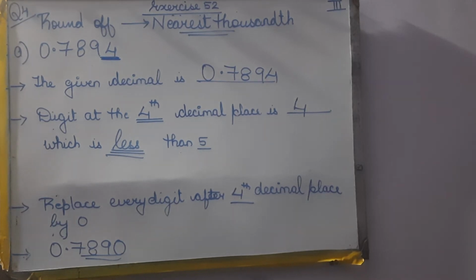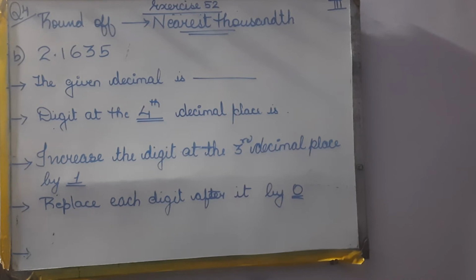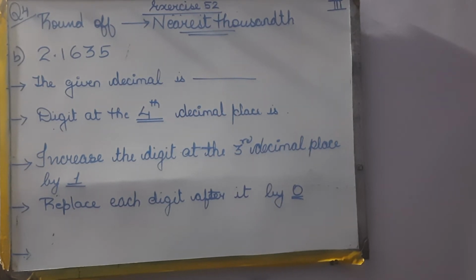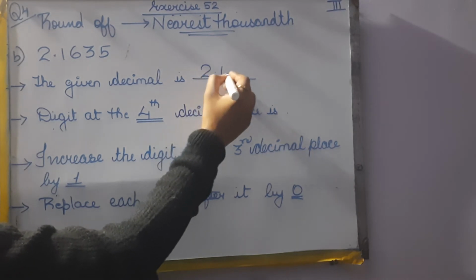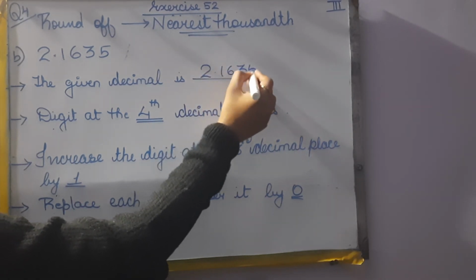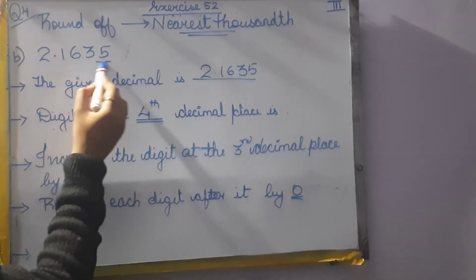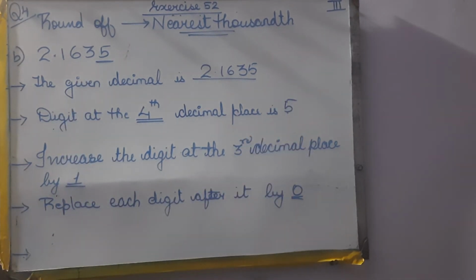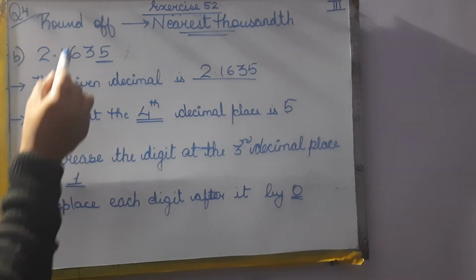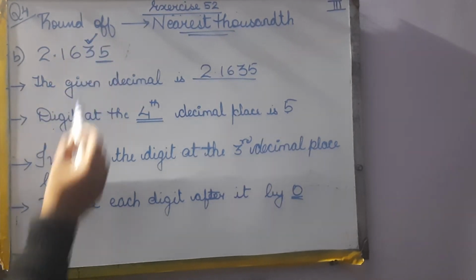Next one, B. 2.1635. So the given decimal is 2.1635. Now the digit at the fourth decimal place is 5, which is equal to 5 itself. So what are we going to do? We will increase the third decimal place by 1.